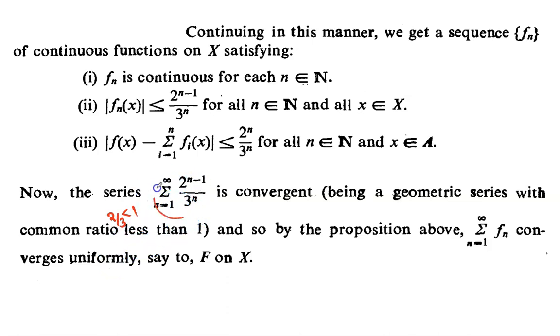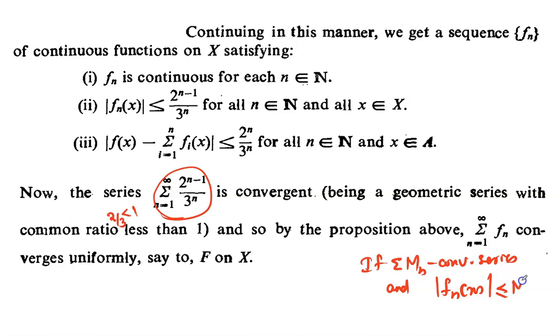By a proposition, we know that if sigma Mn is a convergent series and if fn is a sequence of real valued functions on a space X such that modulus of fn of x is less than or equal to Mn for every n element of N and for every x element of X, then the series sigma fn will converge uniformly to a real valued function on the space X. Here instead of Mn we have 2 raised to n minus 1 by 3 raised to n.